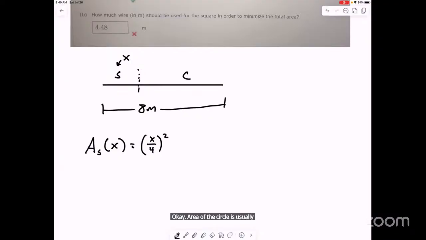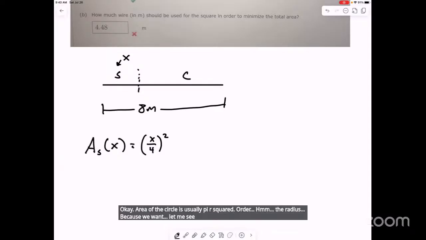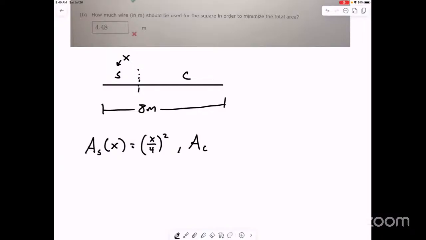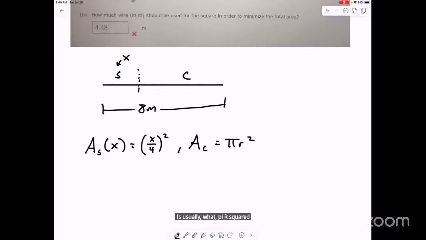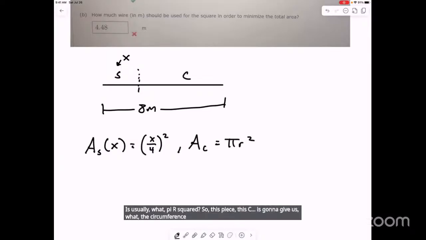The area of a circle is usually pi r squared, where r is the radius. So this piece, this C, is going to give us what? The circumference.